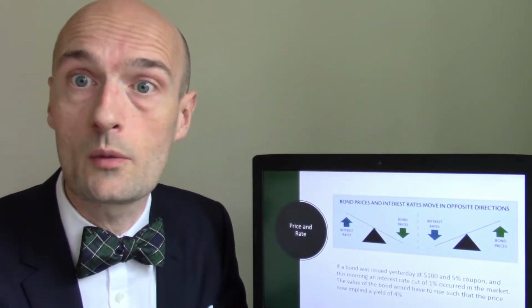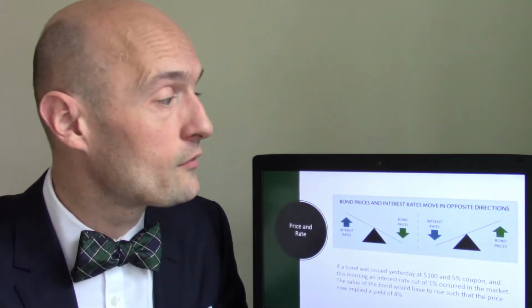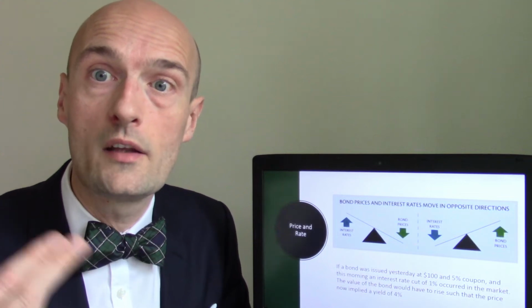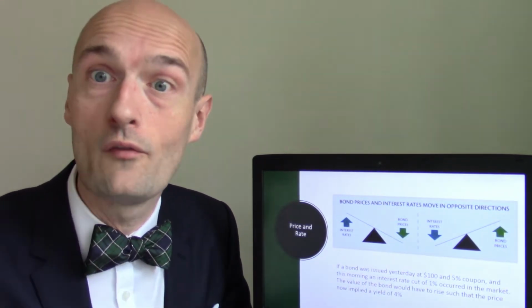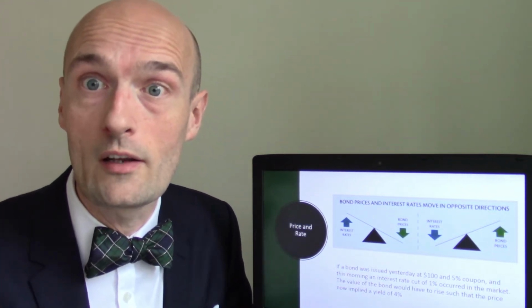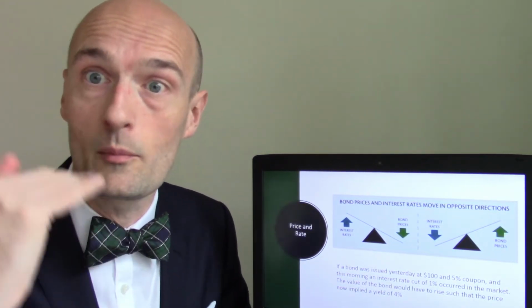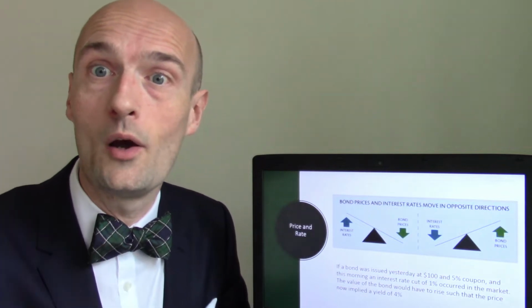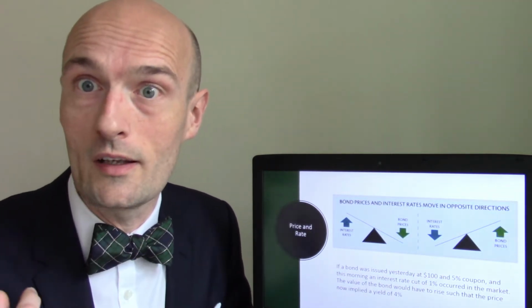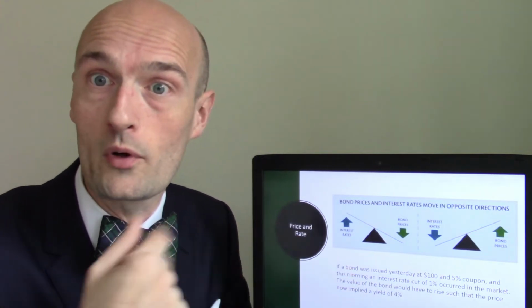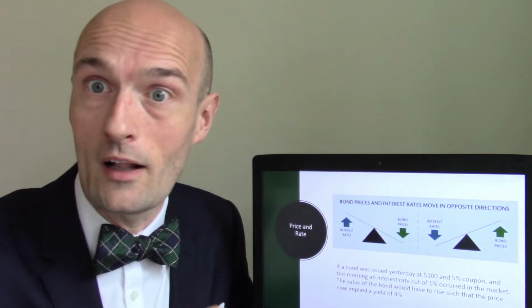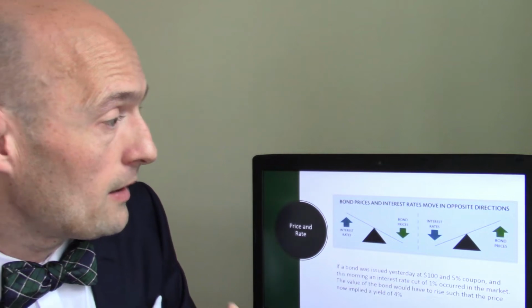Now, how much will the bond value have gone up? It'll have gone up an amount that makes the effective yield on that 5% bond 4%, which is now the going rate of interest. So we just need to adjust the price up so that the $5 a year in coupon will be 4% of the value of the overall bond.